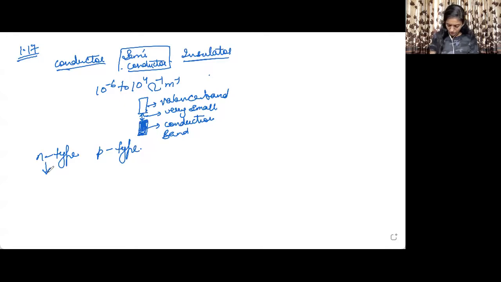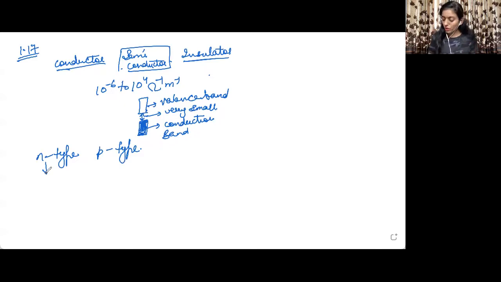You can consider silicon or germanium, and you can add an impurity from the 15th group to the 14th group element. The 15th group is the nitrogen group: nitrogen, phosphorus, arsenic, antimony, bismuth. Phosphorus and arsenic are used for doping.